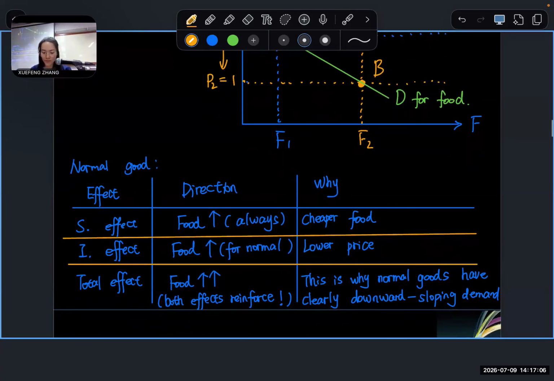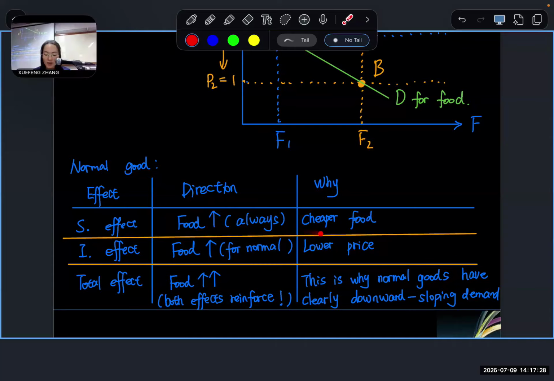Okay, so let's take a look at the normal good. Basically we have three effects, the first being the substitution effect. I use S with a dot to represent the substitution effect. The direction of the substitution effect means food increases, always. Why?